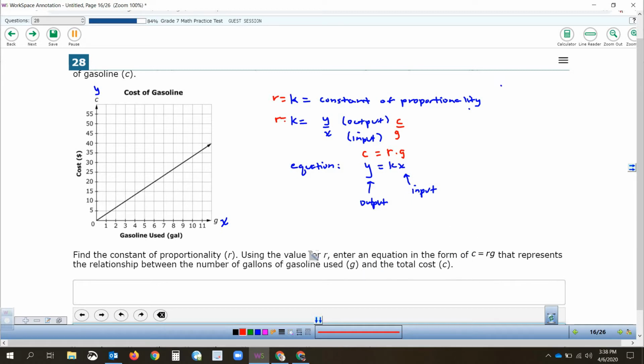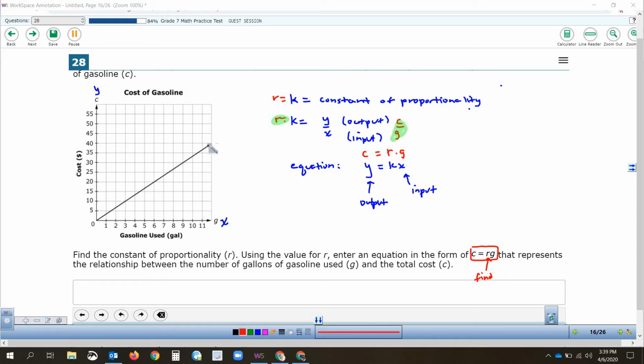So if we want to know what that constant of proportionality is, because that's what they said, find R using the value for R in the equation. So actually what we want is the equation. And in order to write this equation, we need to find out what R is, which means we need to go back up here. R is equal to C divided by G. All right, now let's go back to the graph.